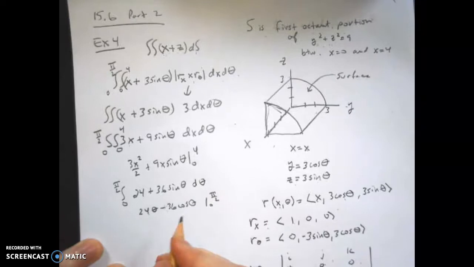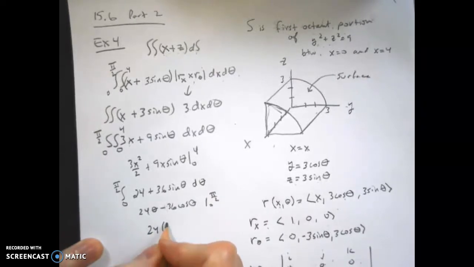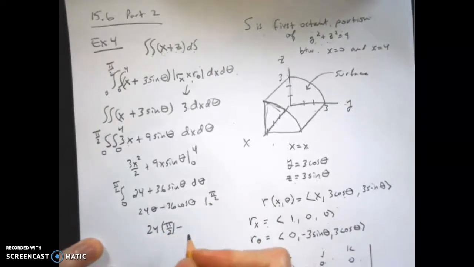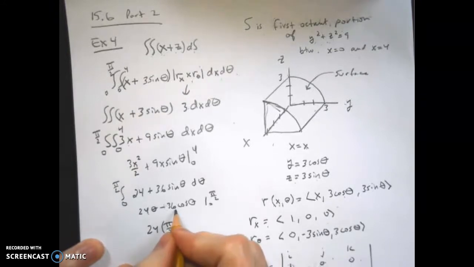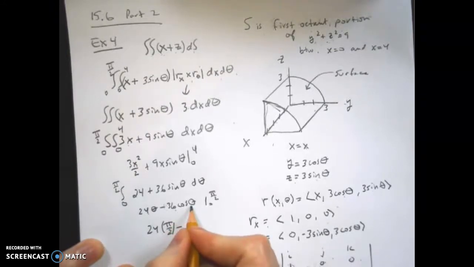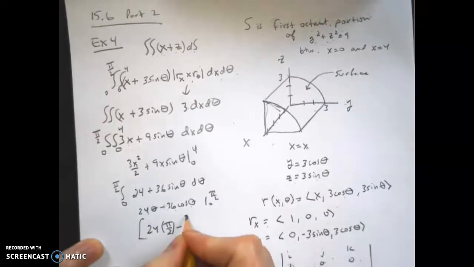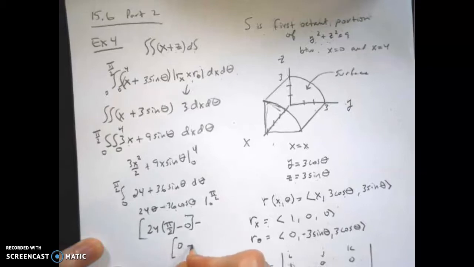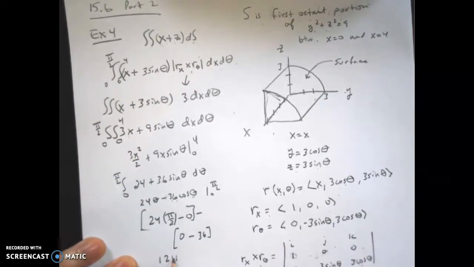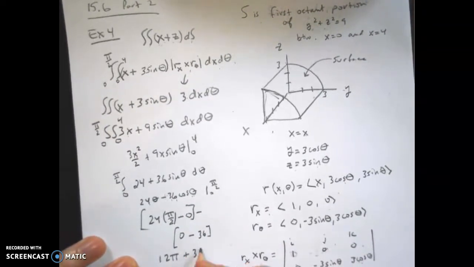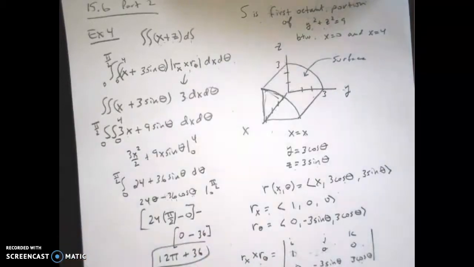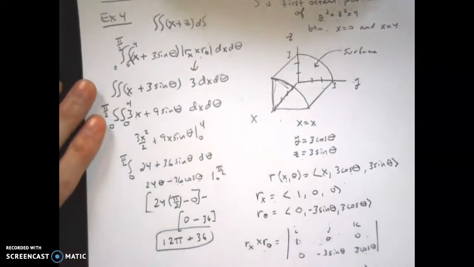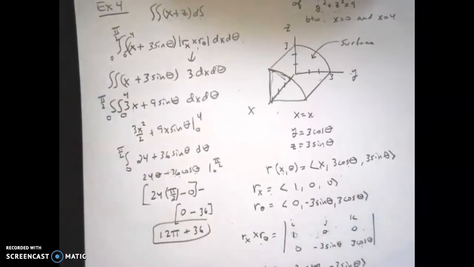So we get 24 times pi over 2 minus 36 times cosine of pi over 2, which is 0, minus, and we'll plug in 0: 24 times 0 minus 36 cosine of 0 is going to be 36. So we get 12 pi plus 36. Okay, and that is the answer for example 4.